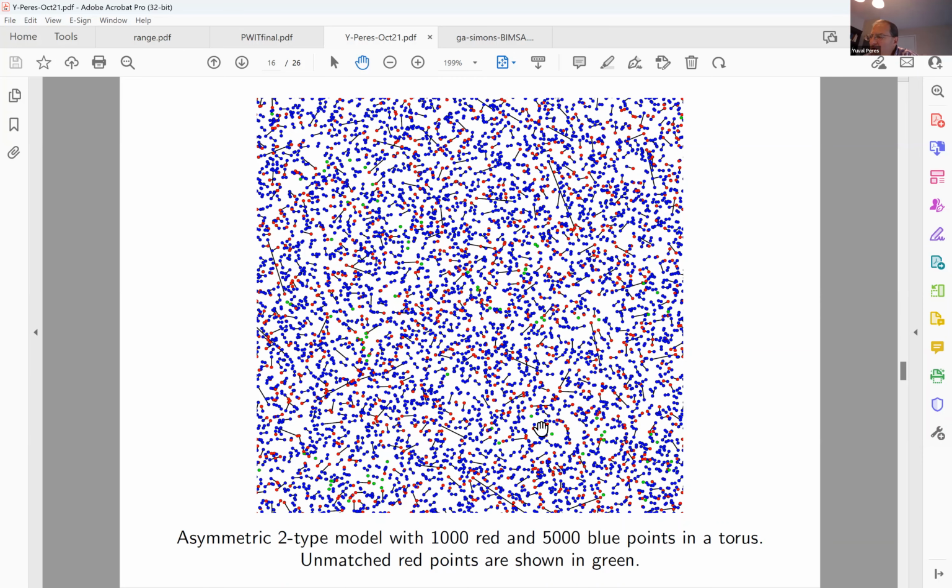If you look closely, there are various green points. They tend to cluster a bit. And so the open question is, do these red points left over exist no matter how low the density is. If you fix the dimension and let epsilon be small, we don't know the answer and it's open.